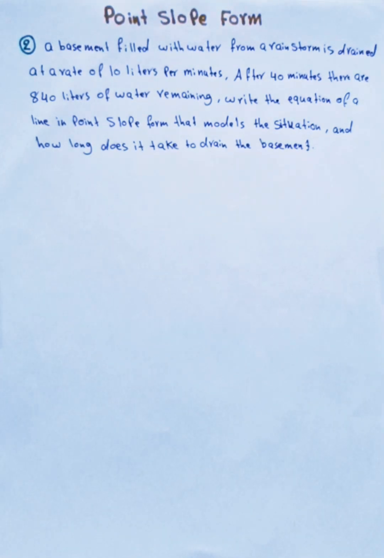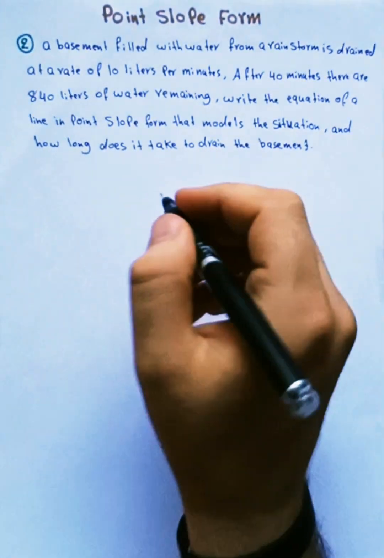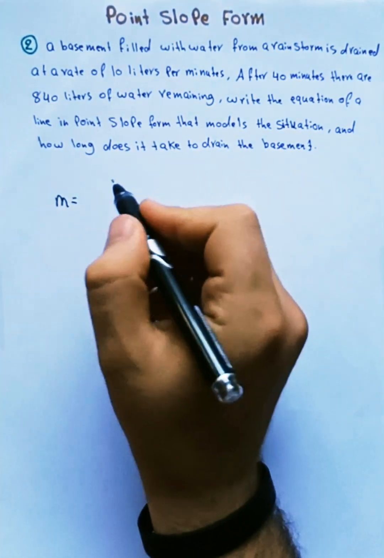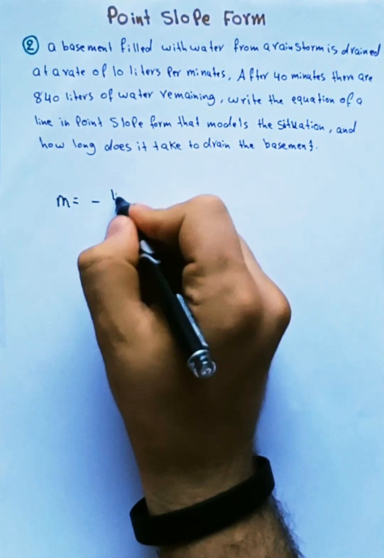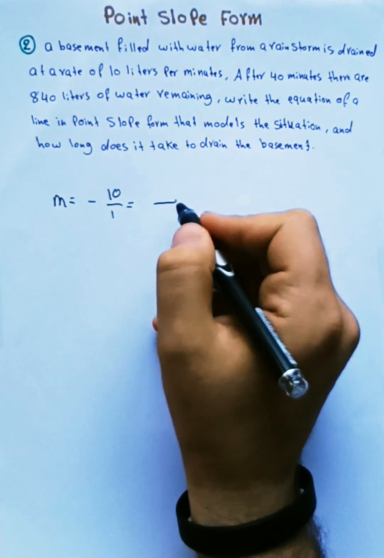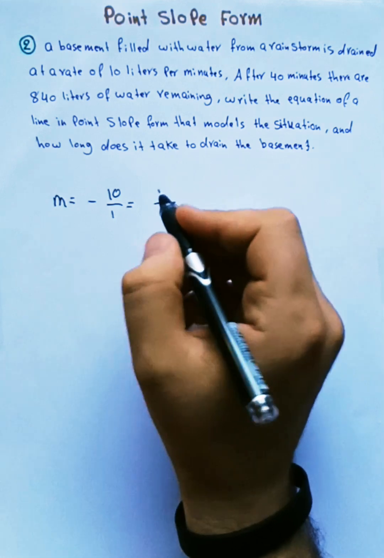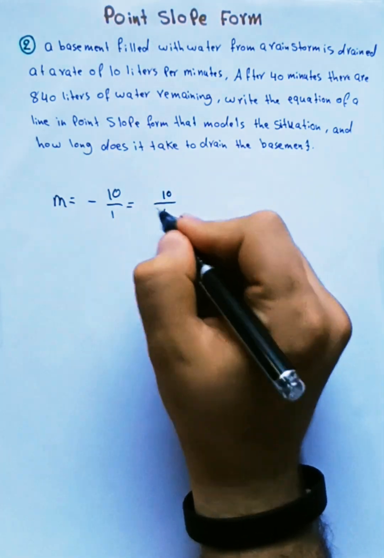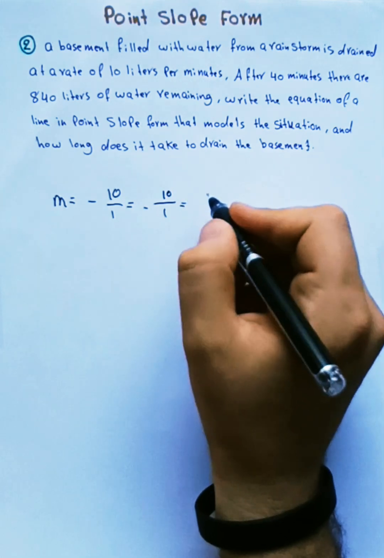So the x increased by 1 and y decreased by 10. It means the slope is negative 10 over 1. So negative 10 over 1, we can say the slope is equal to negative 10.